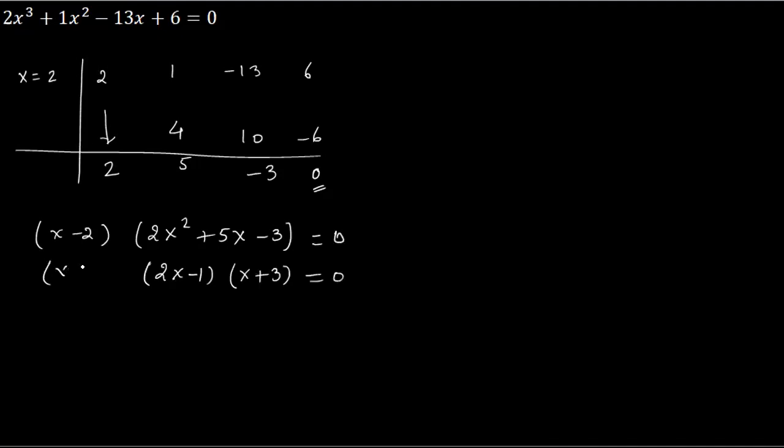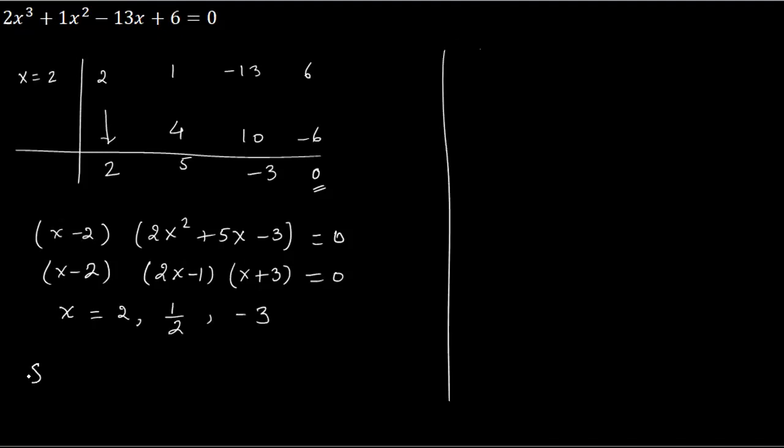And here we have x minus 2. Now, once we put everything equal to 0, we get x equal to 2, 1 by 2, and negative 3. Let us write the solution set of the given polynomial. So the solution set is 2, 1 by 2, and negative 3.